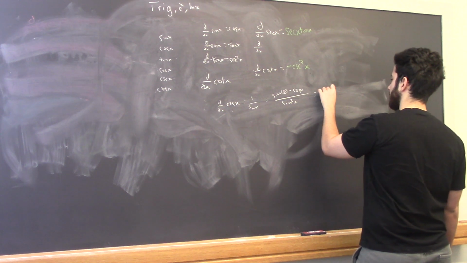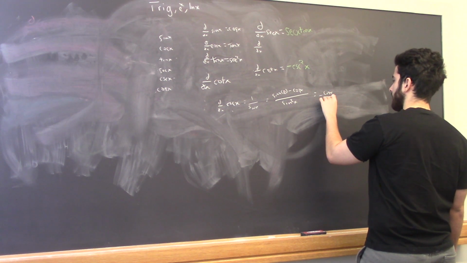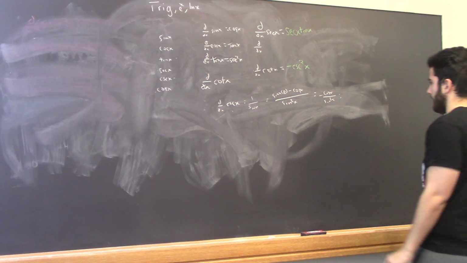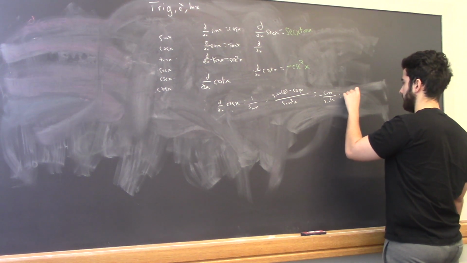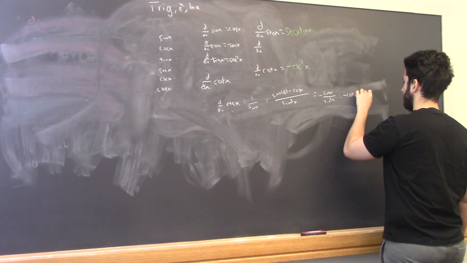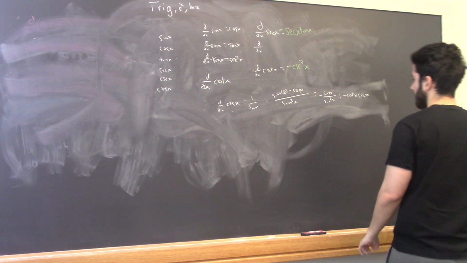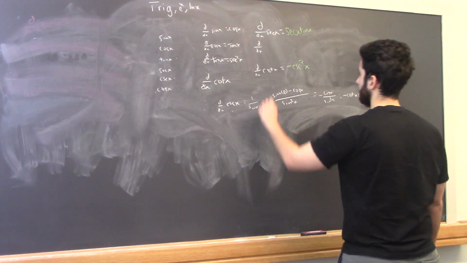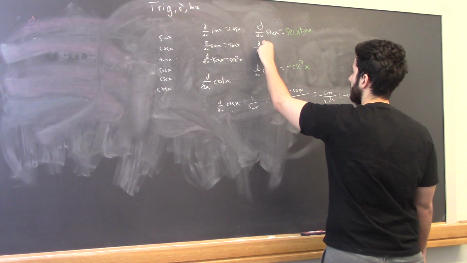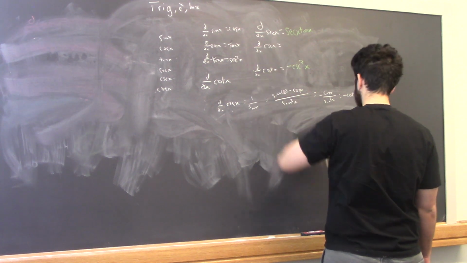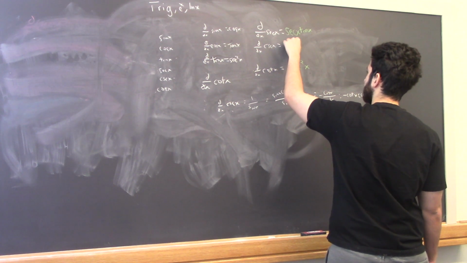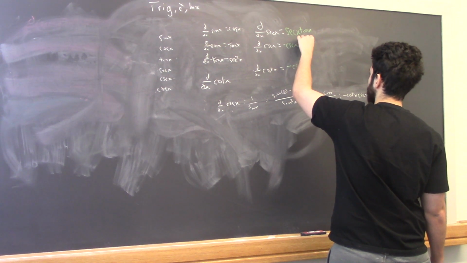So we get negative cosine of x divided by sine squared of x. Well, if we have cosine over sine, it's going to be cotangent. And if you just have 1 over sine, it's going to be cosecant. And keep in mind, I did carry the negative, so the derivative with respect to x of cosecant of x is negative cosecant of x cotangent of x.